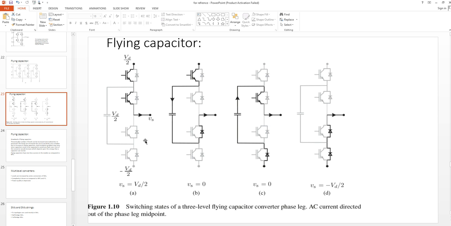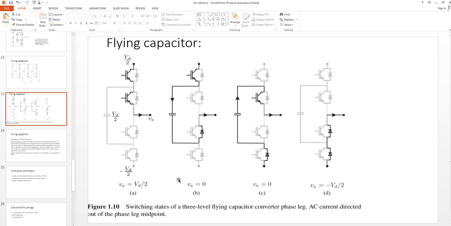In order to produce the output voltage VD by 2, we have to turn on this switch and this switch. So this will be the path of the current. The current will flow from switch S1 and come to S2 and leave out of phase. So we will get the voltage VD by 2.